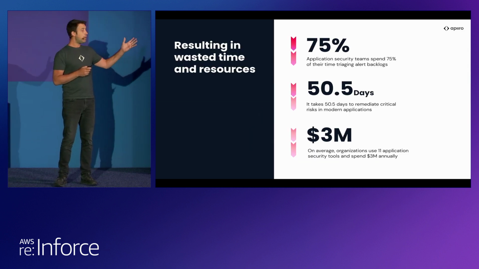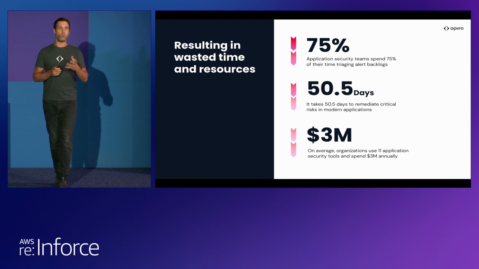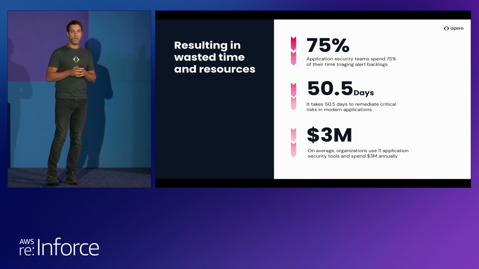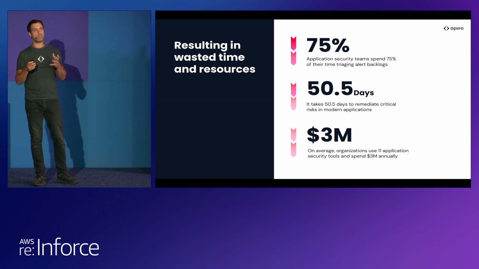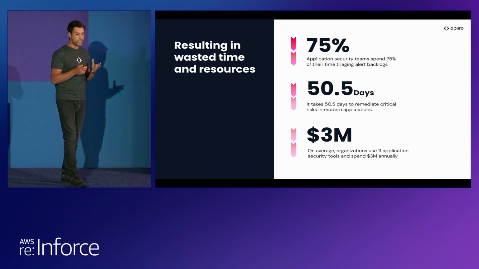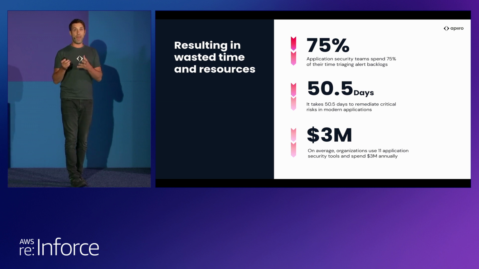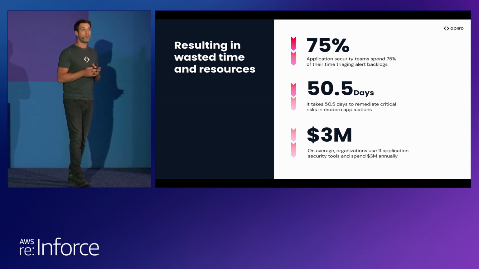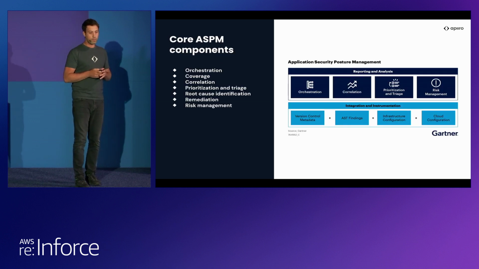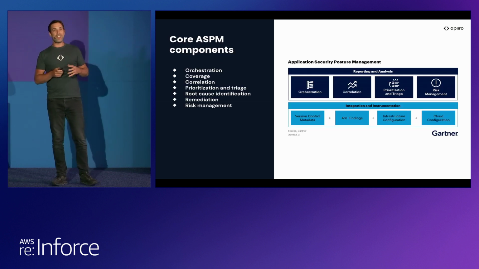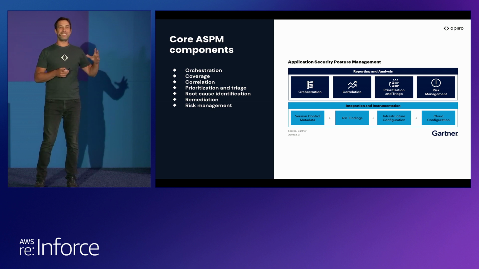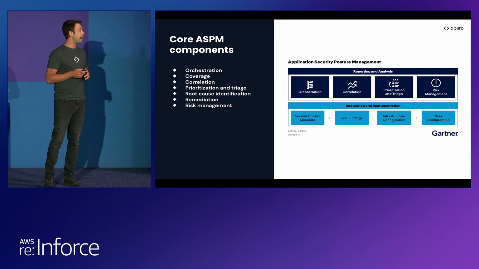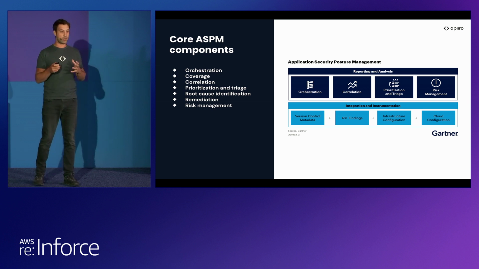And what we learned in the last almost 4 years by analyzing a lot of data around a lot of customers is that AppSec teams invest 75% of their time triaging their backlog and take more than 50 days to fix critical risks in modern applications. This is why Gartner invented the new term and the new technology, ASPM, Application Security Posture Management.